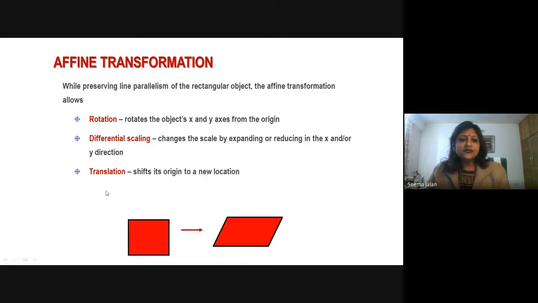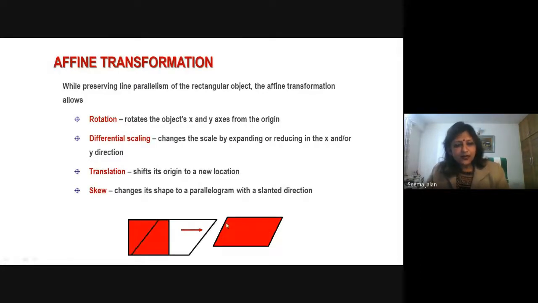Then translation, that means this will give you a coefficient which will tell you by what you have to shift your output coordinates in the X direction or Y direction. And then skew, by what angle, while maintaining the parallelism of the lines.